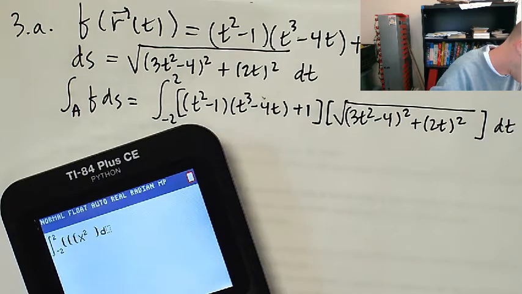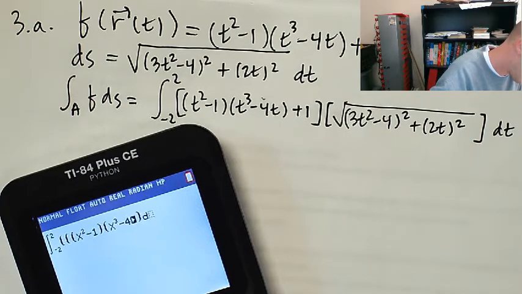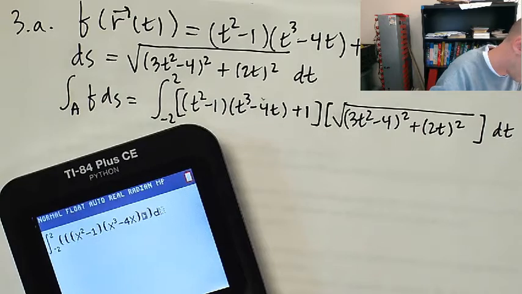Okay. T squared minus 1 times t to the 3 minus 4t. Close off that one, add 1. And then multiply that by the square root.